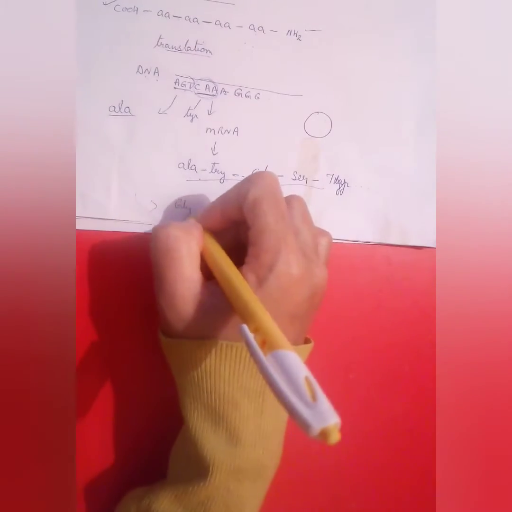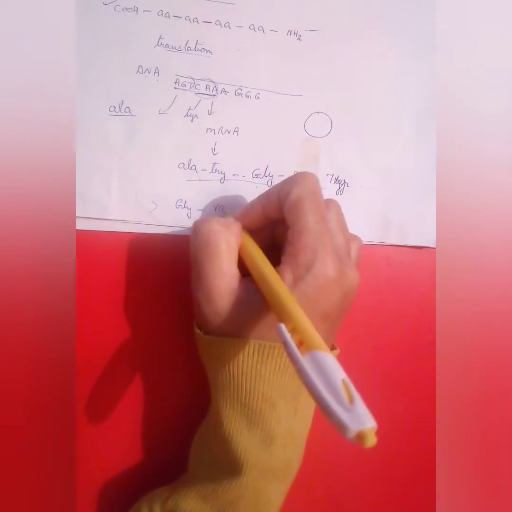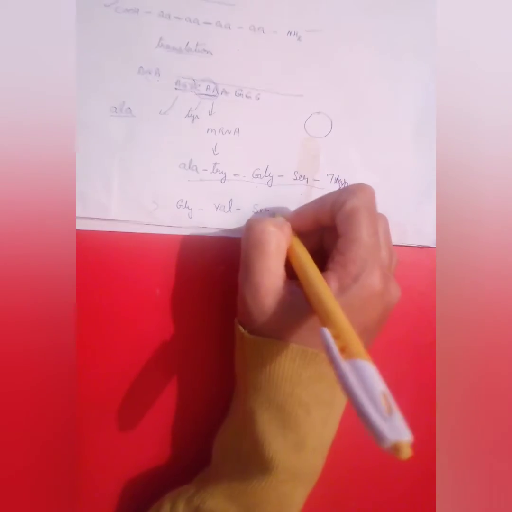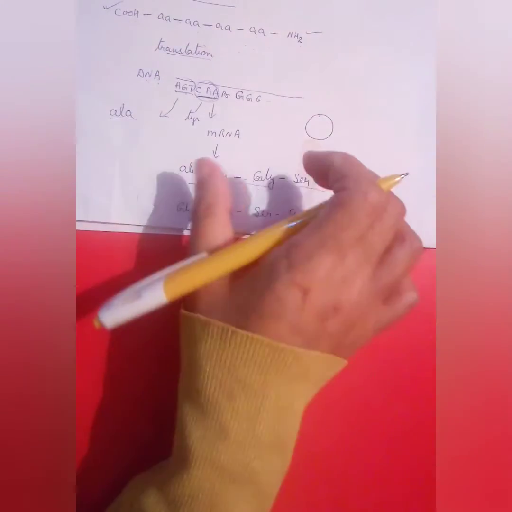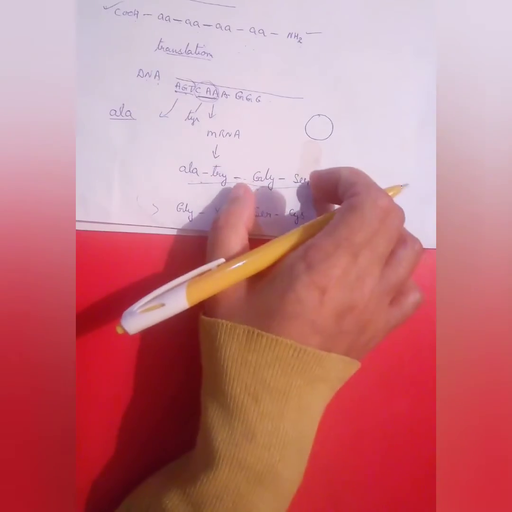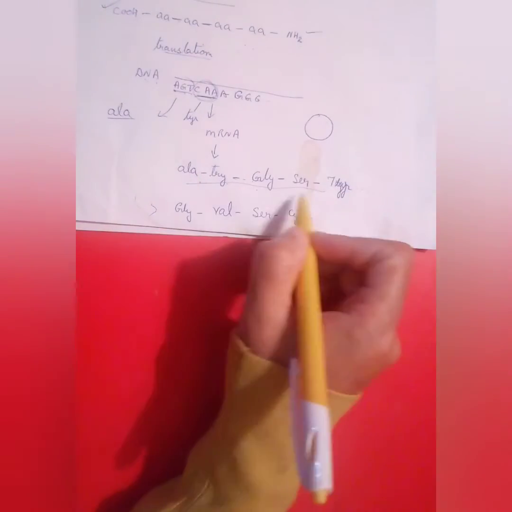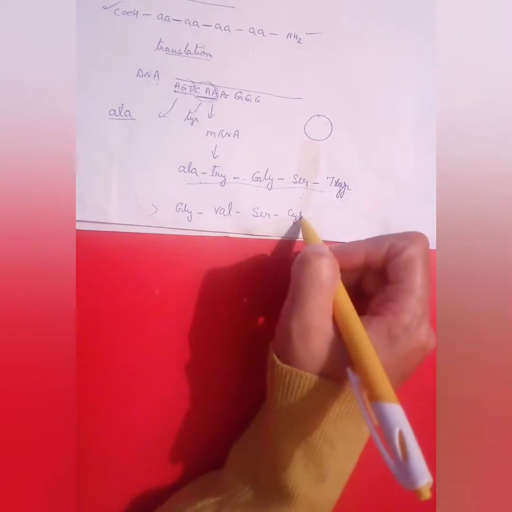Next we'll have another protein, it will have a different sequence. Suppose glycine, then valine, then serine, then cysteine, and so on. And the next protein synthesis, but we know that proteins are very, very large molecules, so not only 4 or 5 amino acids, okay, thousands, a very long chain of amino acid sequence will be formed.